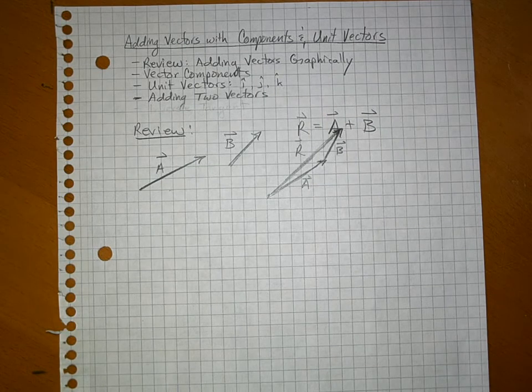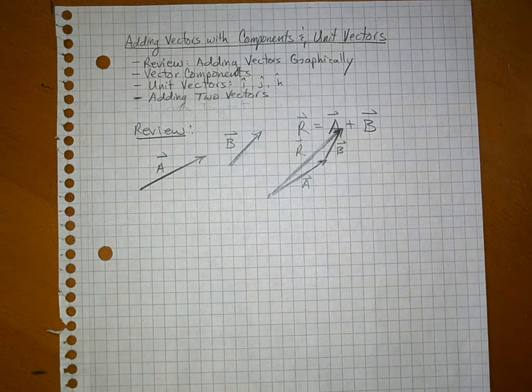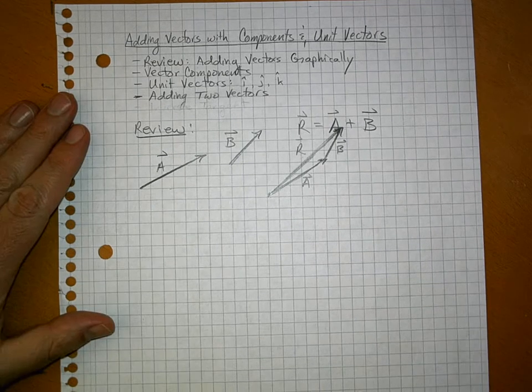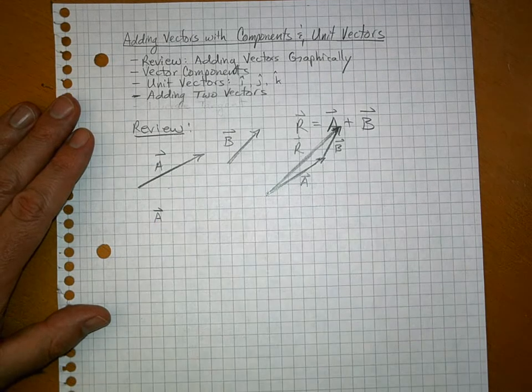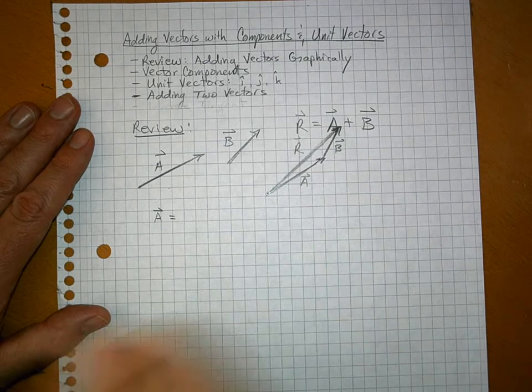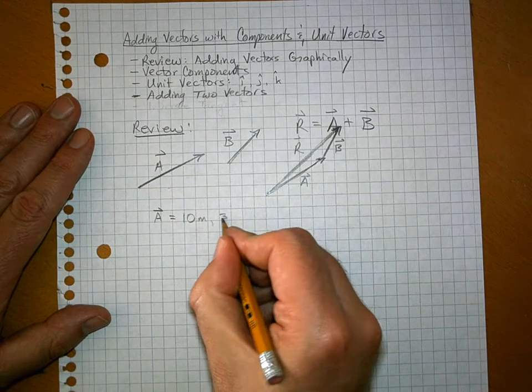Now, if you use a protractor and a ruler and you make scale drawings, you can get very accurate answers for R, for the resultant. But let's say we want to add them together mathematically. And let's just say that this is what's given. A is equal to 10 meters, and it's at a 30-degree angle.